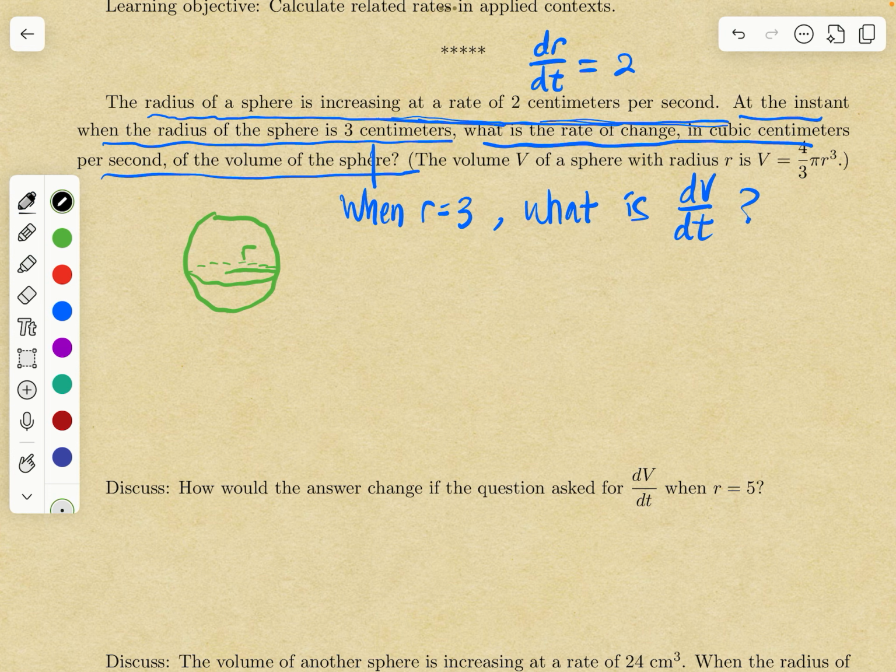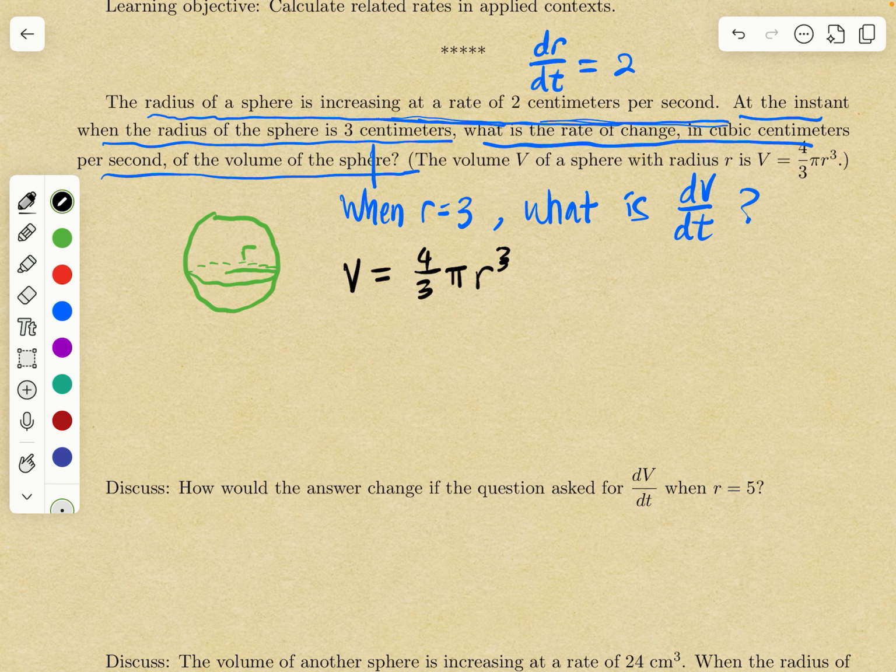So the idea is that we know how V and r are related. We know that V is 4/3 pi r cubed. That's the formula for the volume of a sphere. And we want to somehow use the fact that dr/dt is 2 and r is 3 to figure out dV/dt. And we know this relationship between V and r, this formula, V is 4/3 pi r cubed.